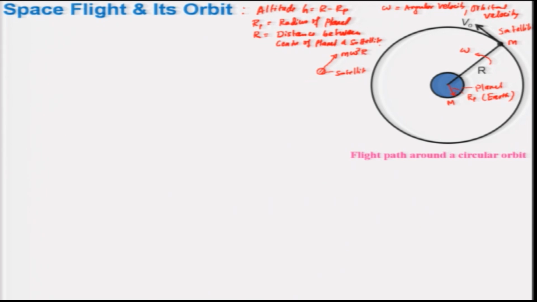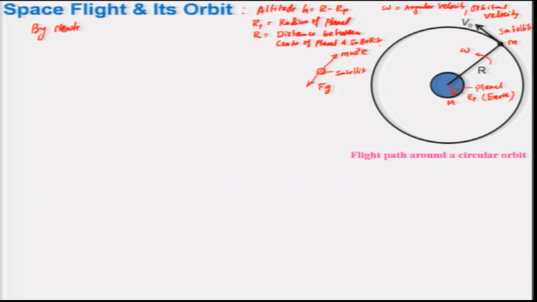The other force acting is the gravitational force Fg.